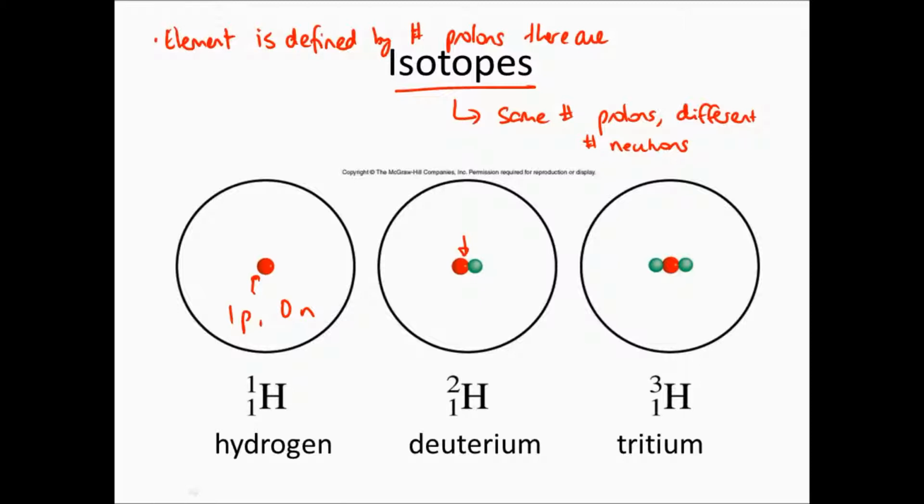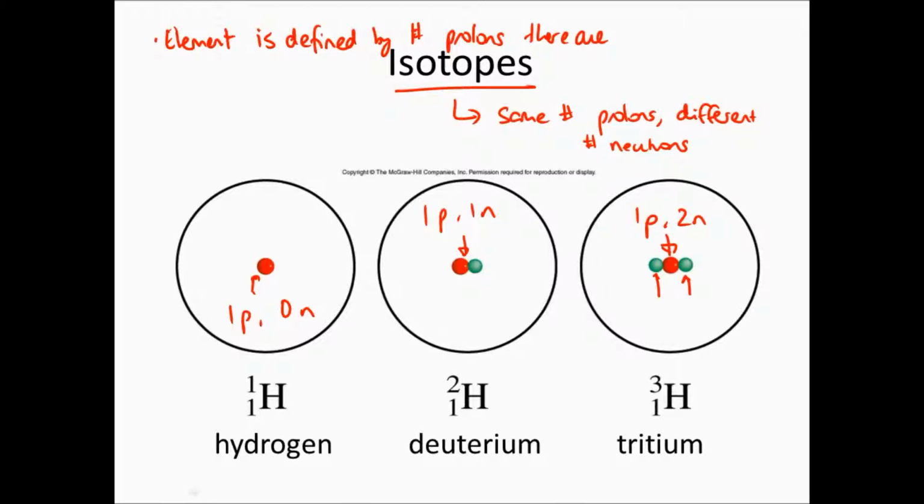It is an isotope of hydrogen, and it has 1 proton and 1 neutron. And tritium, which is a lot rarer and is radioactive, contains 1 proton and 2 neutrons. You now see how there are 2 neutrons in addition to the proton. All of these are isotopes of hydrogen.